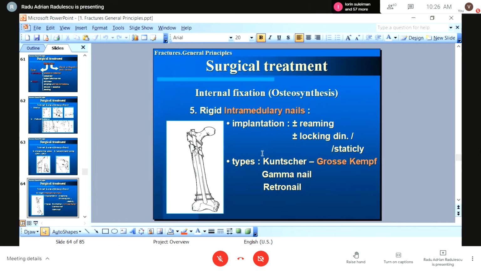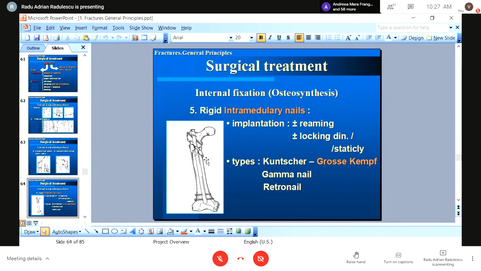And also, the gold standard of fixation for fractures of the long bones refers to the internal fixation, intramedullary fixation, by using nails or rods. There are different types of rods and nails, usually locked inside the intramedullary channel by using a static or a dynamic locking.